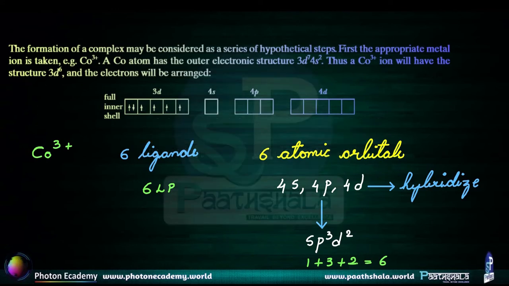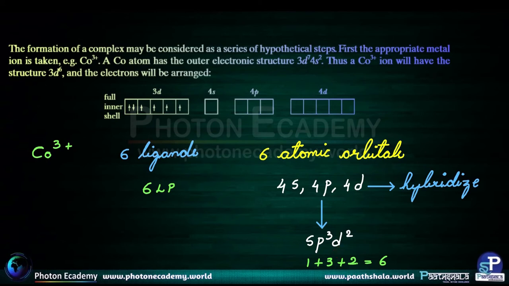These 6 orbitals hybridize and give this hybridized set of sp3d2 orbitals which are vacant. And these are the orbitals that will receive and accommodate the lone pairs of electrons that will be brought by the 6 ligands.